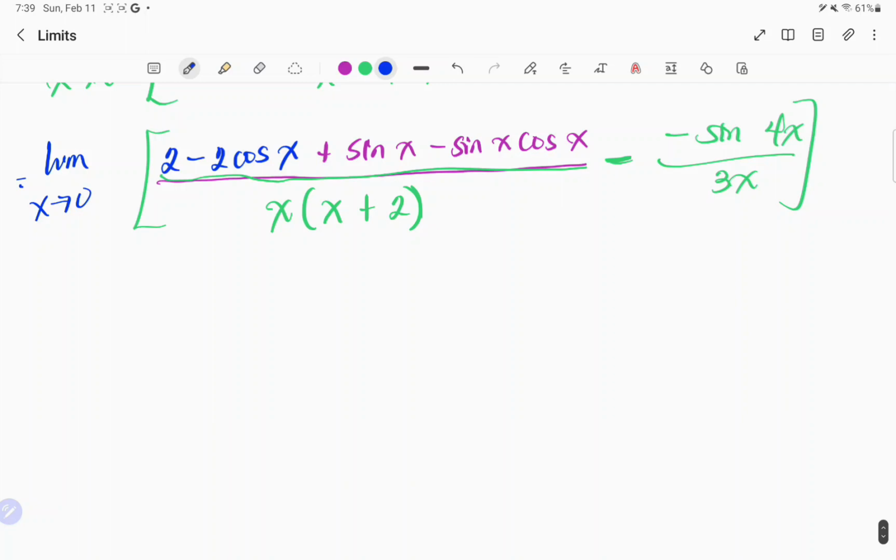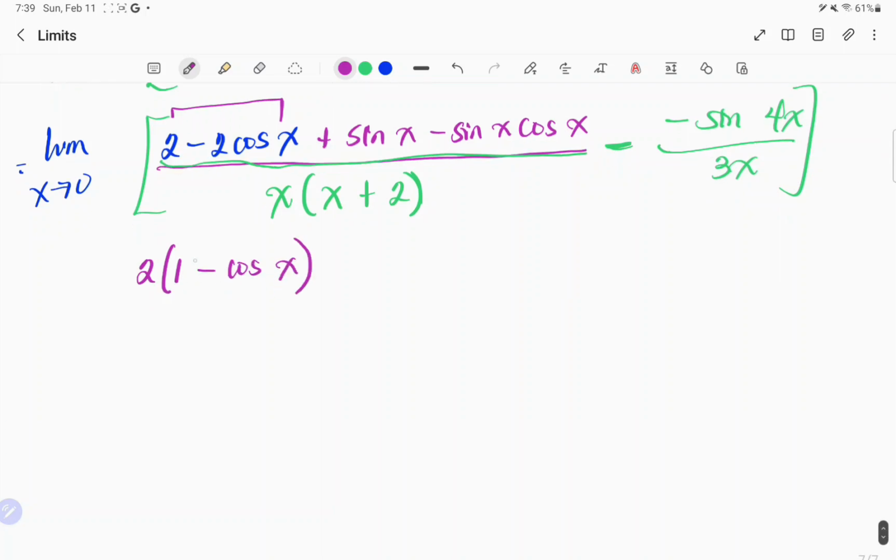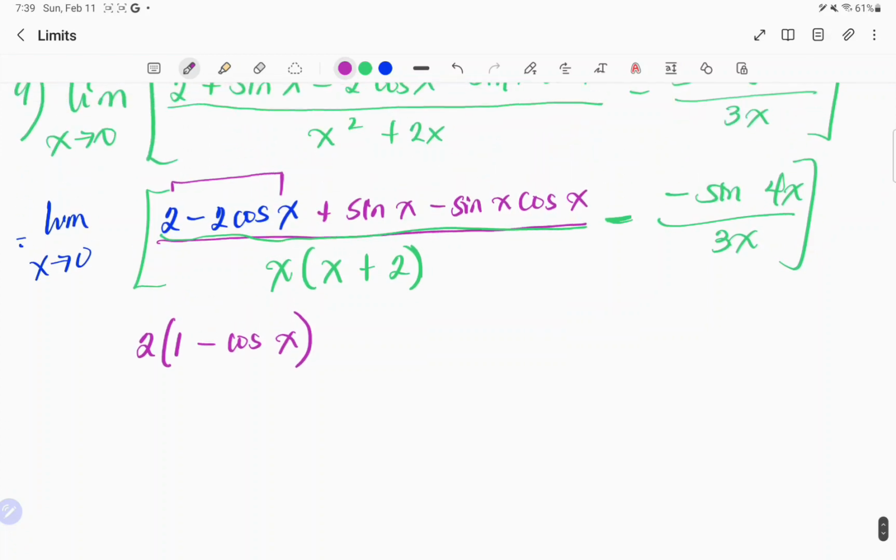So the numerator of the first term here can be factored out using factoring by grouping, and it will become the common factor of these two terms is 2. So we have 2, and the remaining factor is 1 minus cosine x. So let me check. 2 times 1, 2, and negative 2 times negative cosine x is negative 2 cosine x. While these two terms have a common factor, which is sine x.